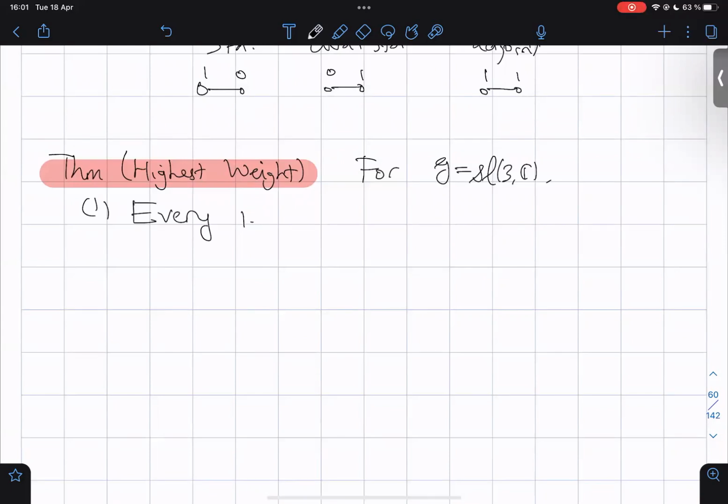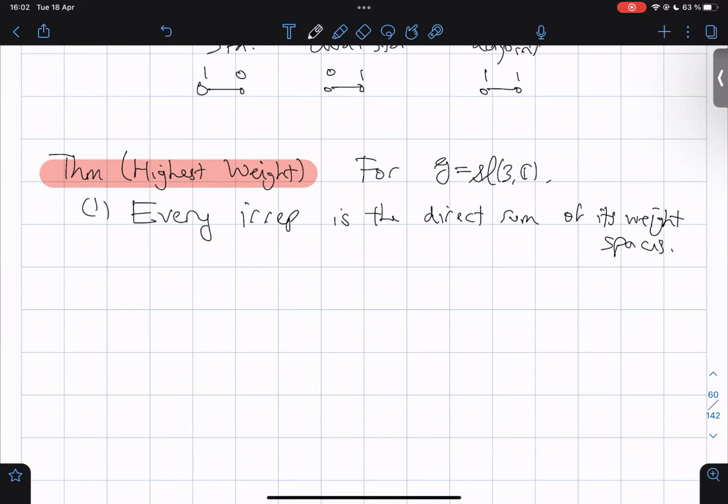First of all, every irreducible representation is the direct sum of its weight spaces. This is like root space decomposition, but for weights.